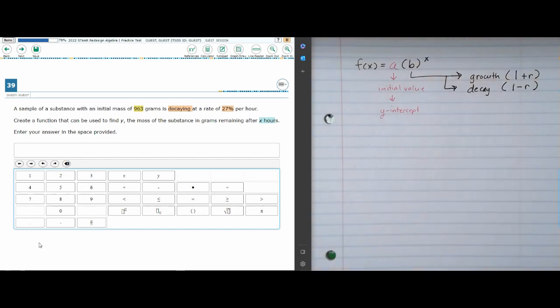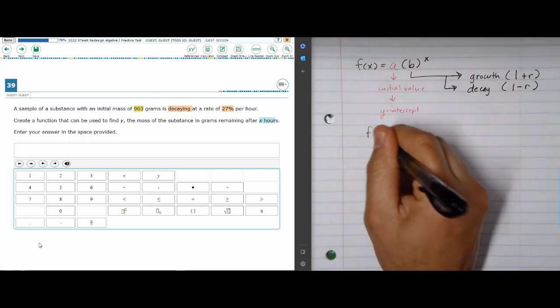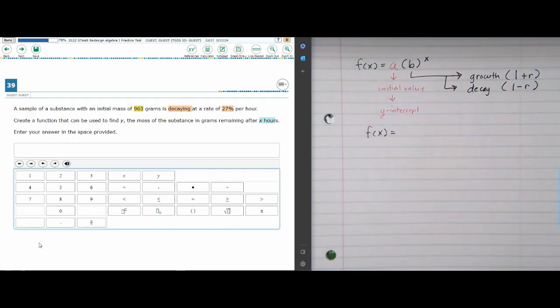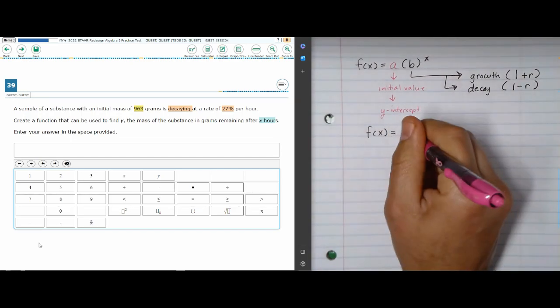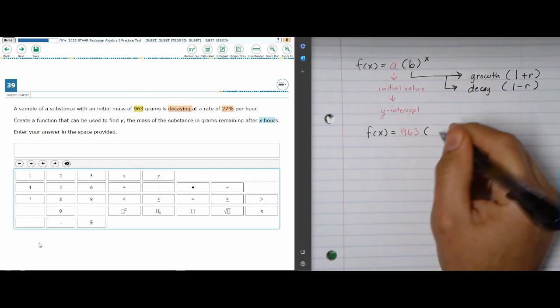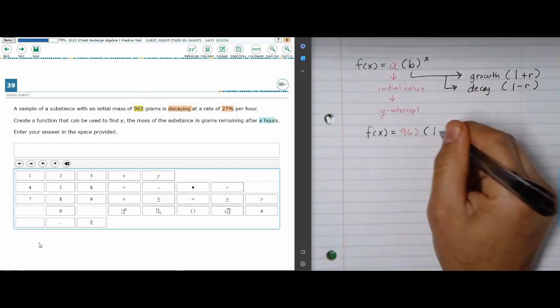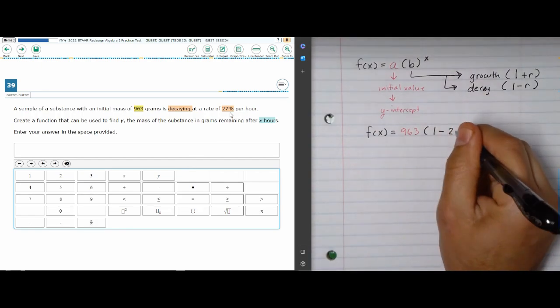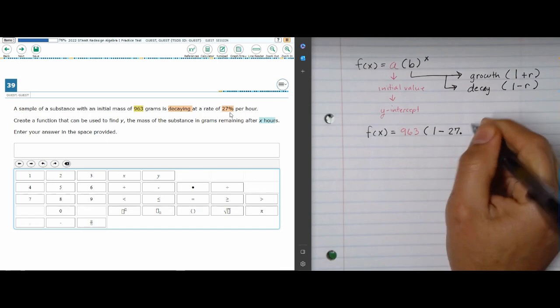So with this information, let's go ahead and create our equation. So my equation for this is going to be f of x is equal to, they said my initial mass was 963. So for A, I'm going to write 963. And then for my B, since it said decaying, I'm going to do 1 minus, and the rate they gave me was 27%. So I'm going to go ahead and put 27 as a decimal percent.